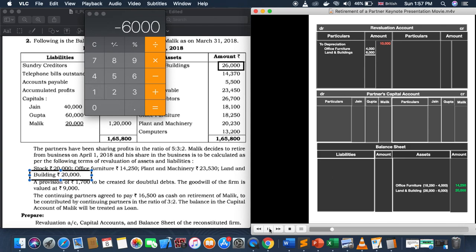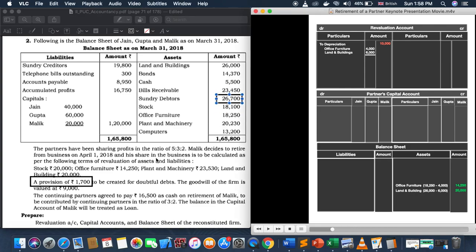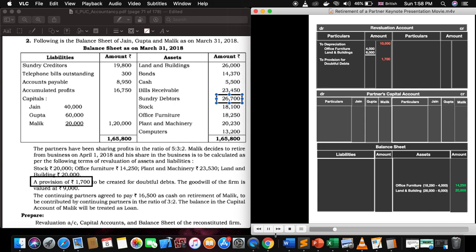Now, once that's done, we have a provision for doubtful debts, which is 1,700, which is also a loss for the company. We will be writing that. Debtors was 26,700, and 1,700 is the provision for doubtful debt, which we will directly write it on the outer column.